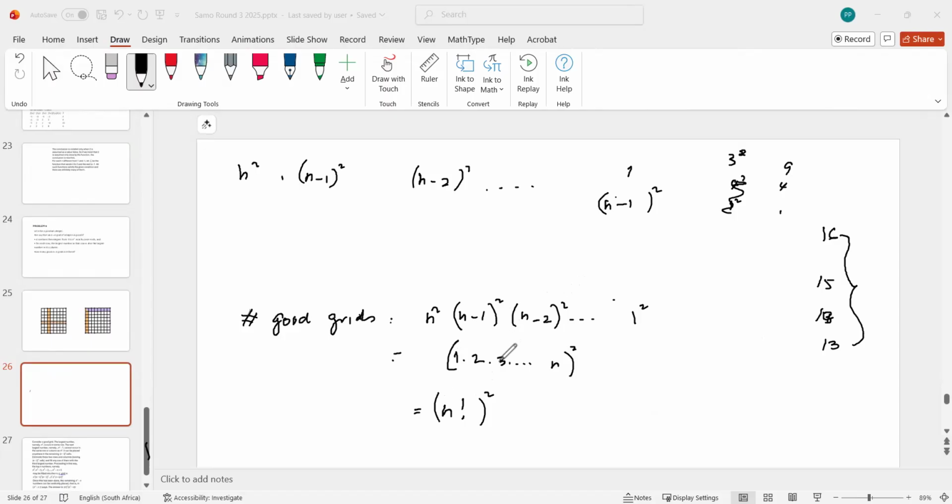Now once you choose the highest, what about the others?